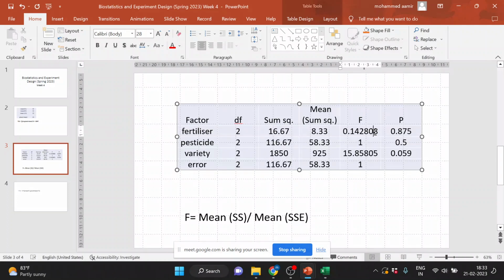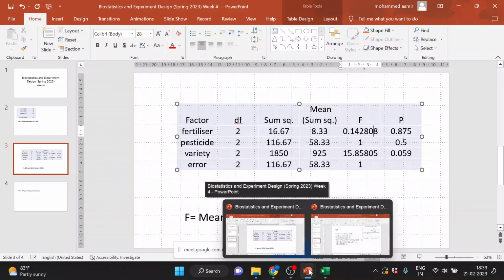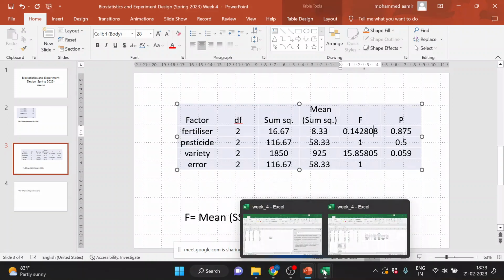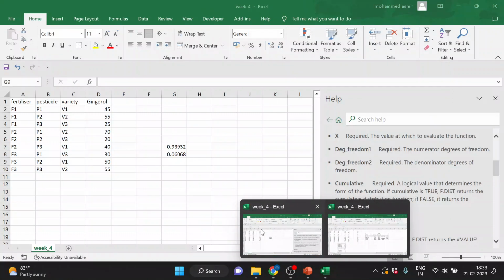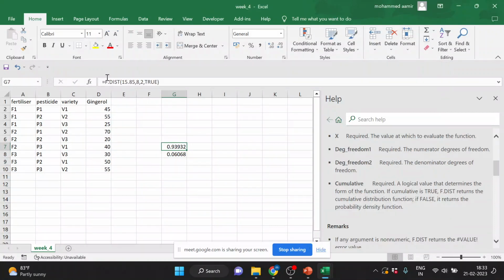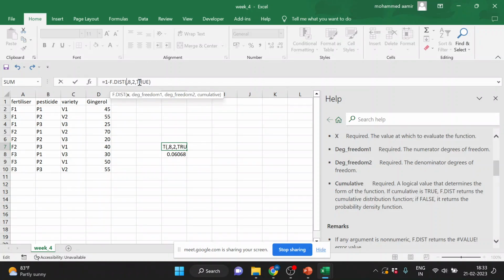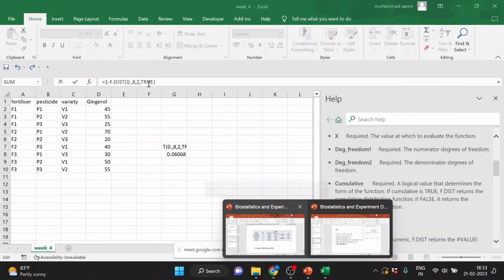You give the F value, so if I give 0.142808 in this thing, okay, 1 minus how much? 0.142.